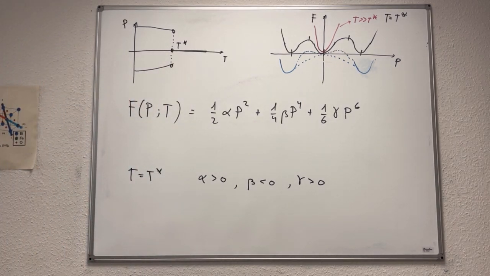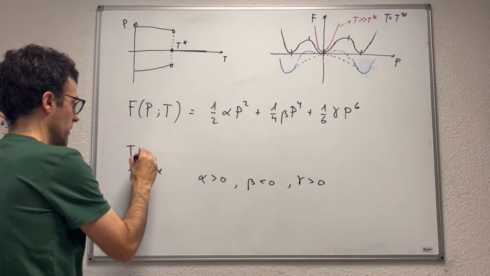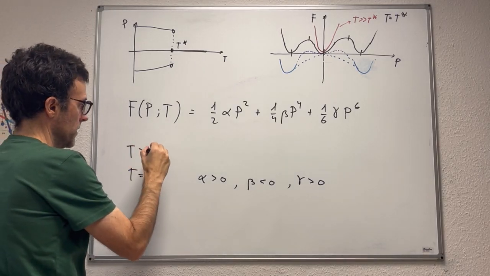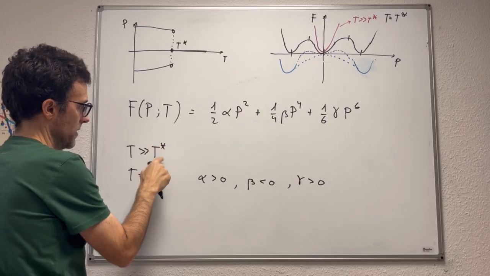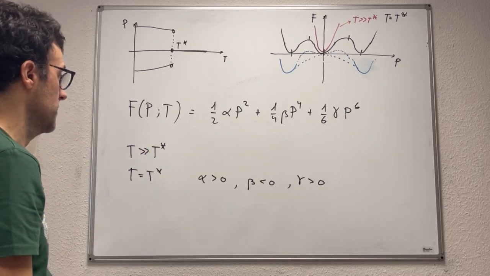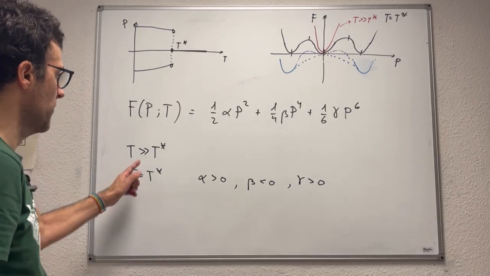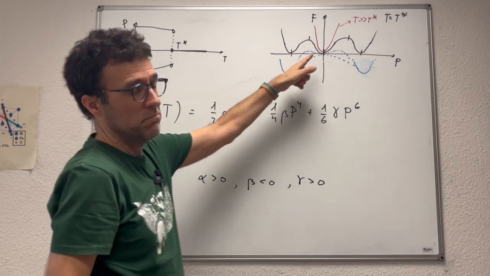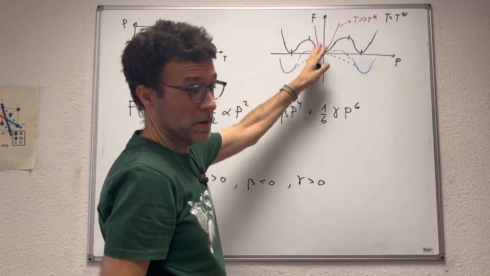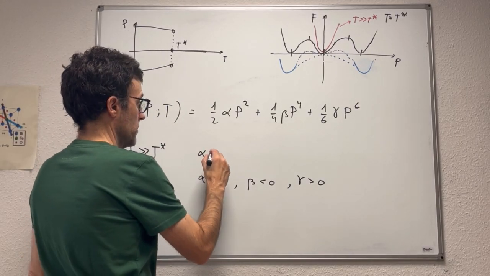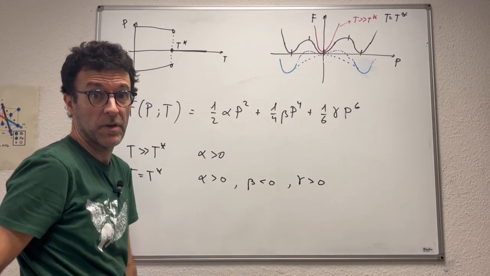All right. What else do we know? An easy case is this: if the temperature is much larger than T star, larger in general, but let's go to the limit just for simplicity, for emphasis, we have a dominant minimum at P equal to 0. So for sure, alpha has to be positive. And about the rest, we don't have information.